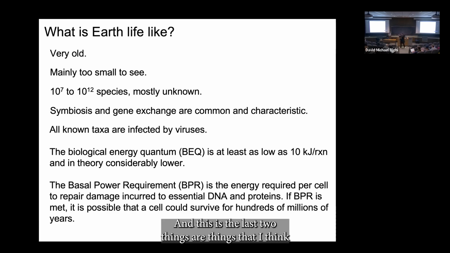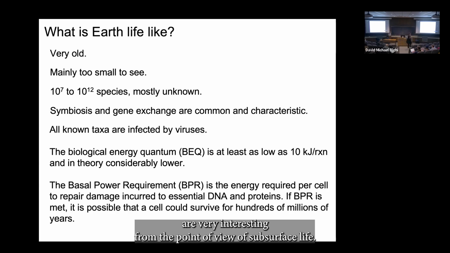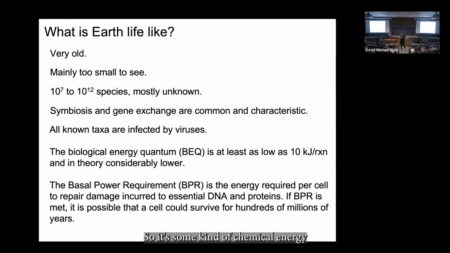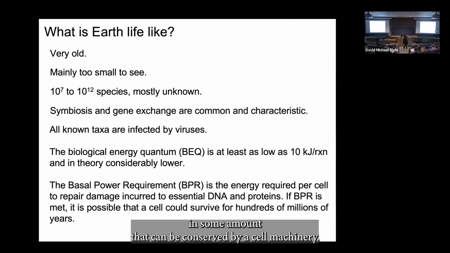The last two things are things that I think are very interesting from the point of view of subsurface life. There's a term called the biological energy quantum, and that is the quantity of energy that is harvestable by a cell. So it's some kind of chemical energy in some amount that can be conserved by a cell machinery.